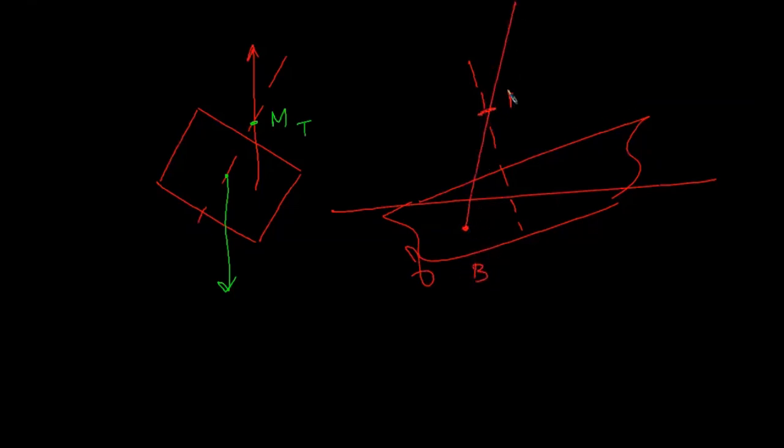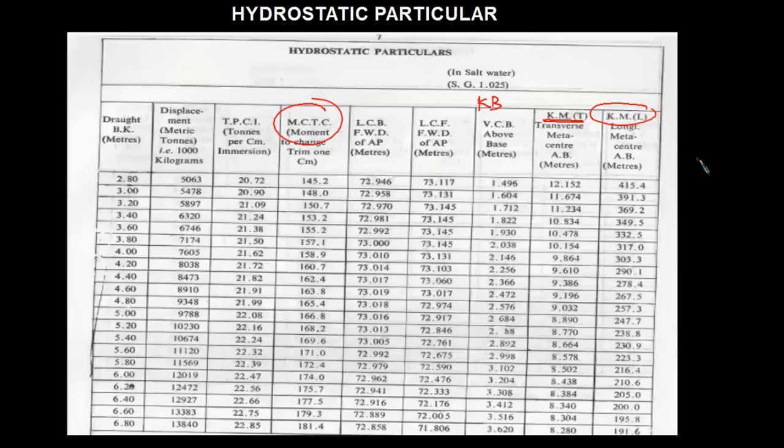It cuts here. That is M. And since in this longitudinal direction, the value will be in hundreds, around 400, 391, and so on. And this KM in the transverse direction is pretty small, around 10, roughly, because of the length of the ship.